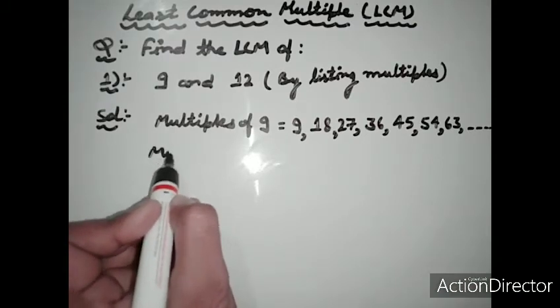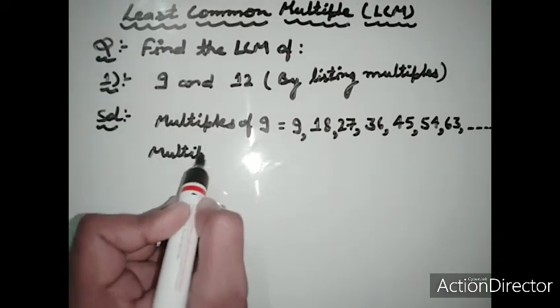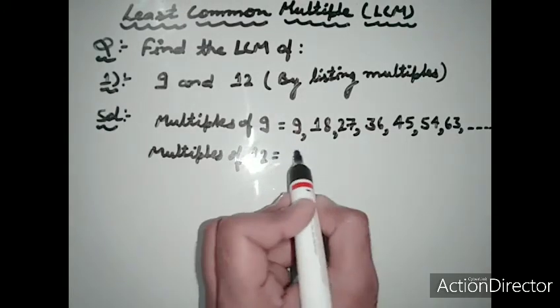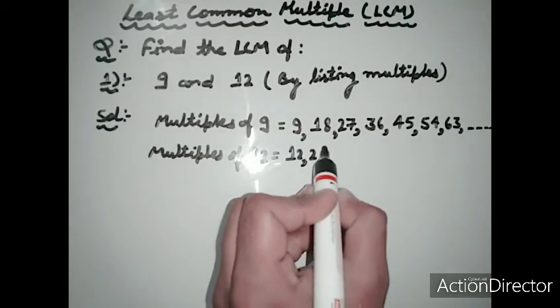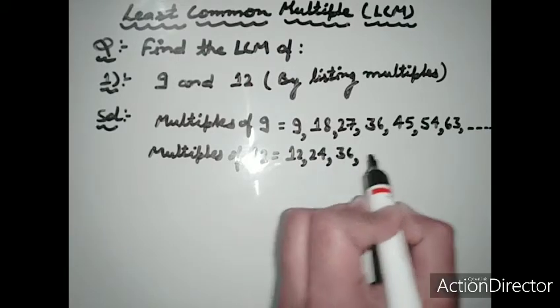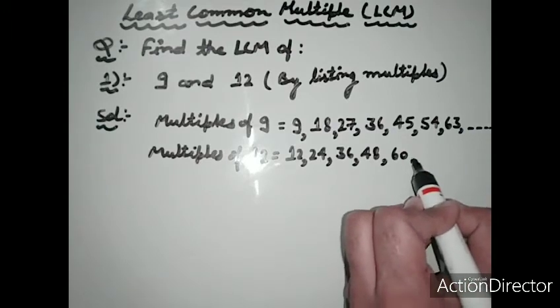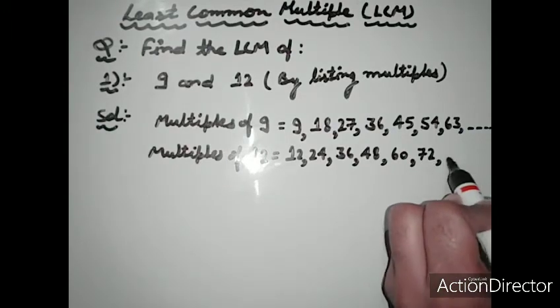Now here we write the multiples of 12. 12 ones are 12, 12 twos are 24, 12 threes are 36, 12 fours are 48, 12 fives are 60, 12 sixes are 72, and so on.